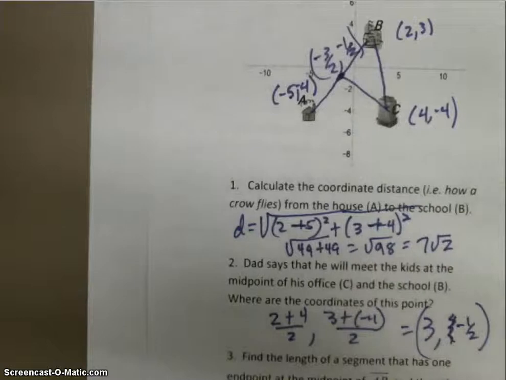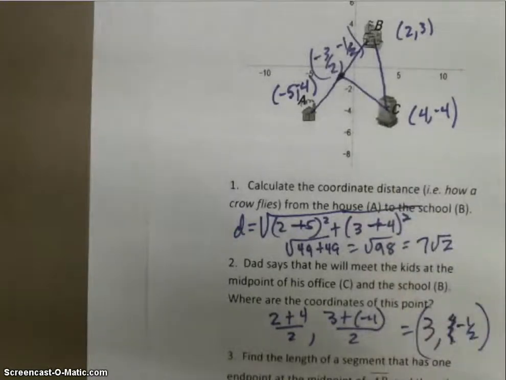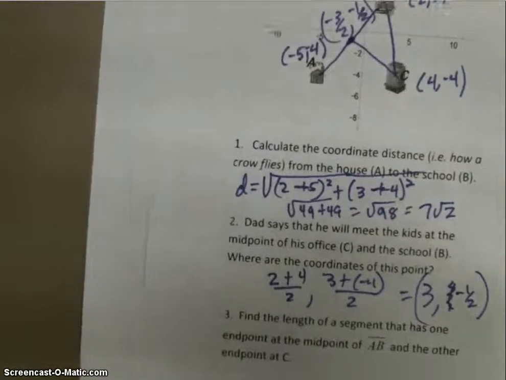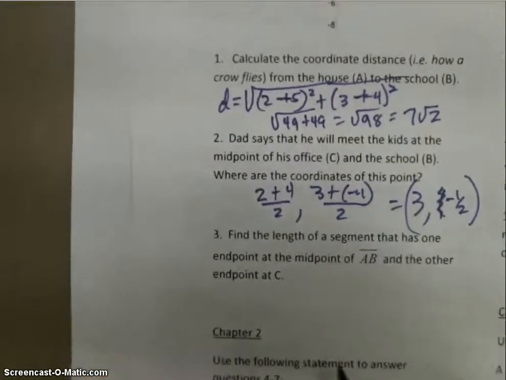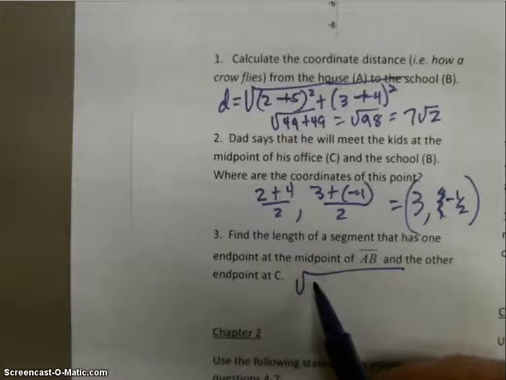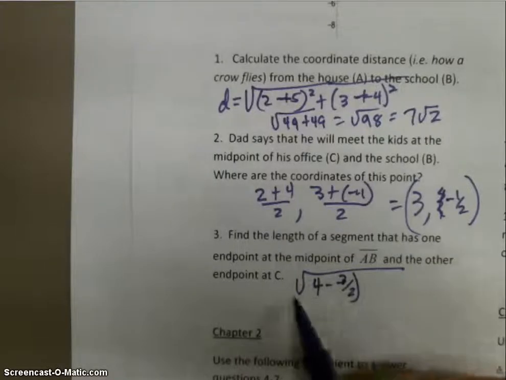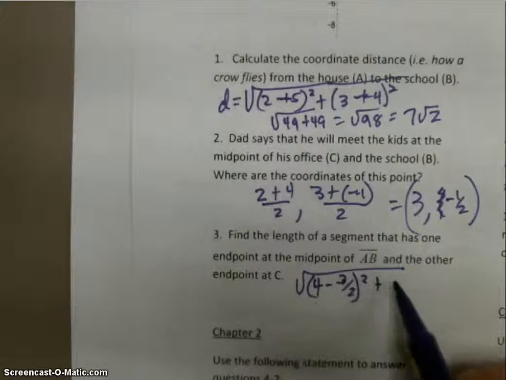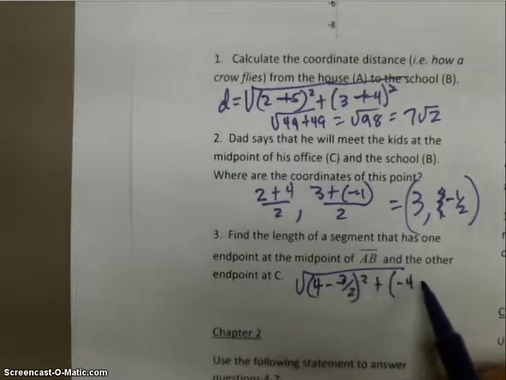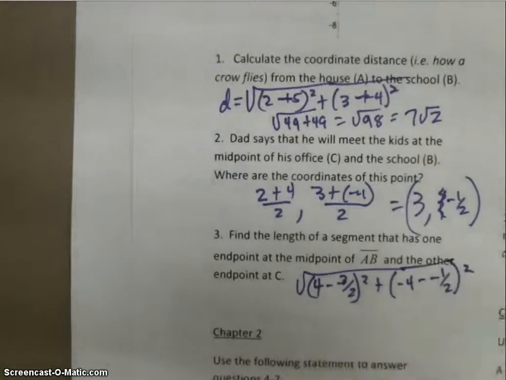Now all we have to do is find the length of the segment from this point to the point 4, negative 4. So I'm going to use my distance formula with those 2 points. My distance formula would be the square root of x2 minus x1 quantity squared plus y2 minus y1 quantity squared.